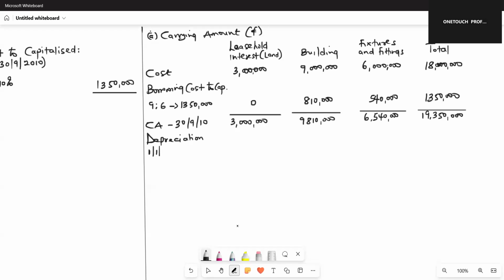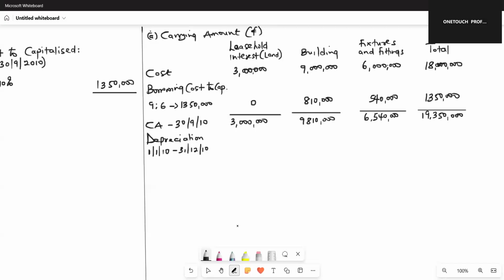When was the land acquired? 1st January 2010 up to 31st December 2010. You are aware that the land was ready for use at the beginning of the year, so that is where depreciation will start.